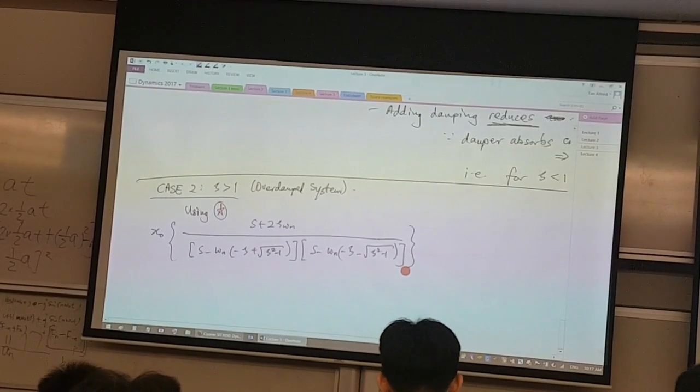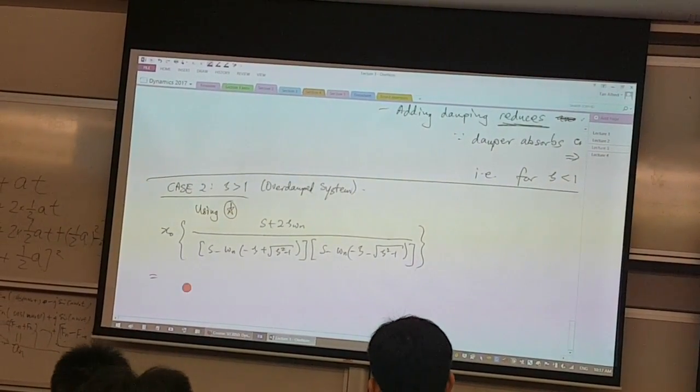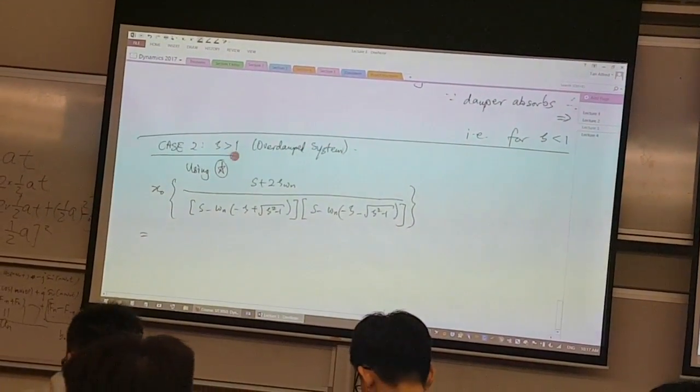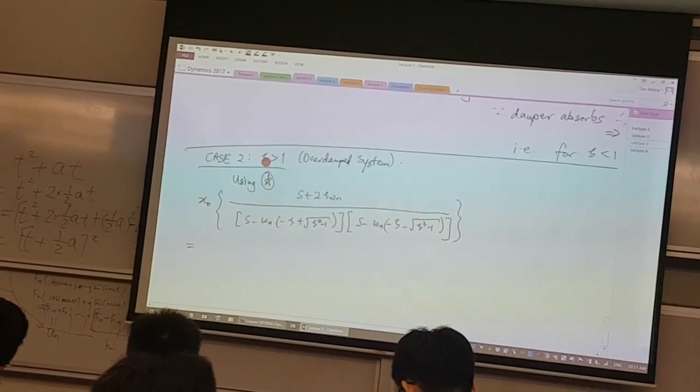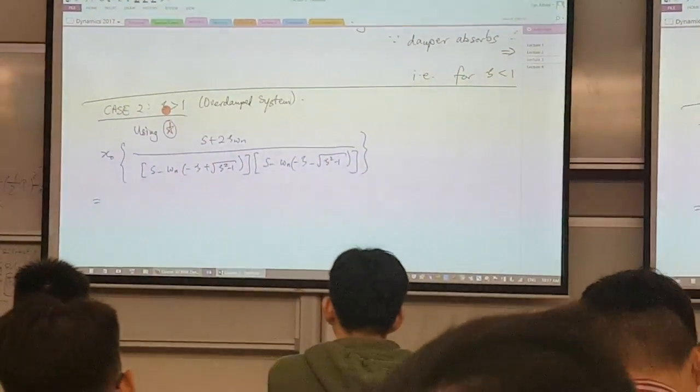Right, that was equation star. So for the case of overdamped, where zeta is greater than 1, it will have the following way of factorization.